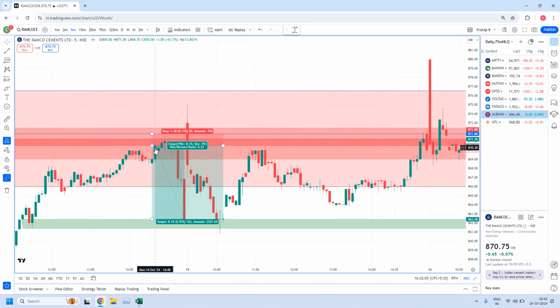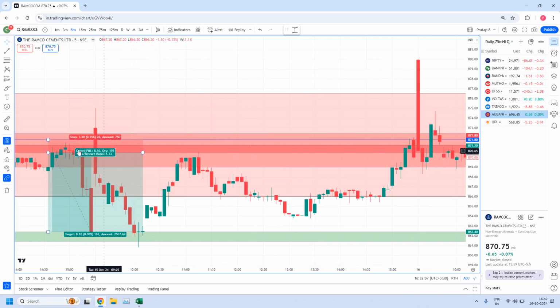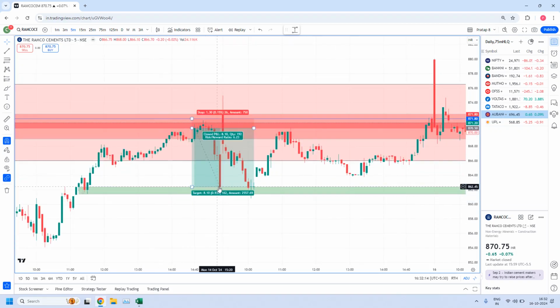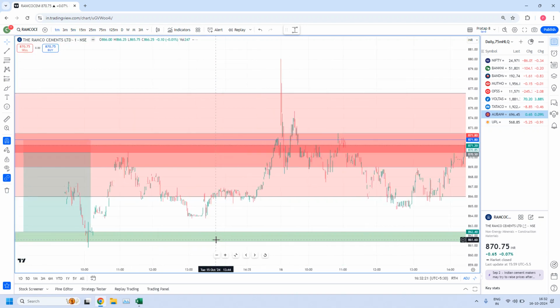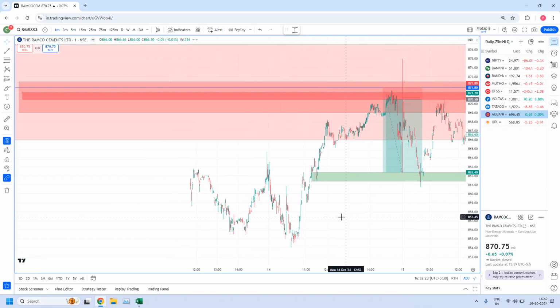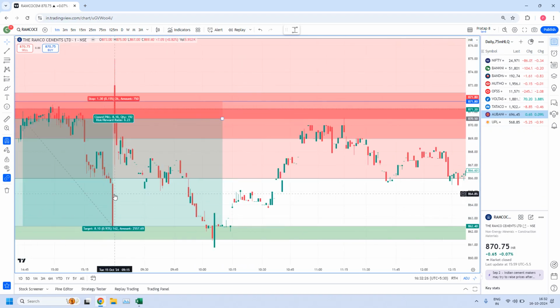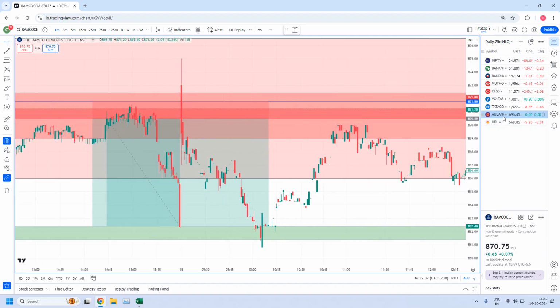When it gave the entry, Ramco Cement at 2 o'clock 40 minutes, it reached this zone, slightly pierced it. After that again, it reached this 15 minutes target. It happened here also during the last minute of the trading session. Go to the 1 minute, you will get clarity. See 15:29, which means afternoon 3 o'clock 29 minutes. It reached the target.